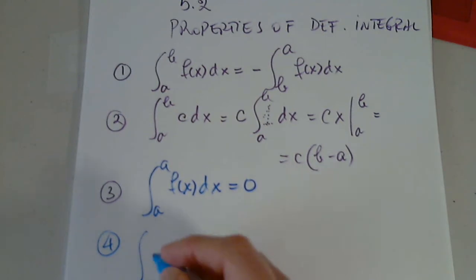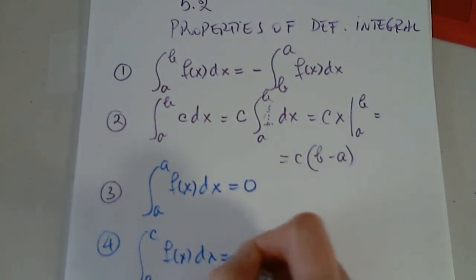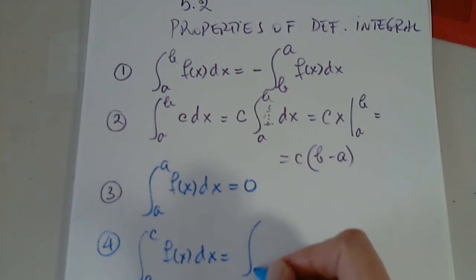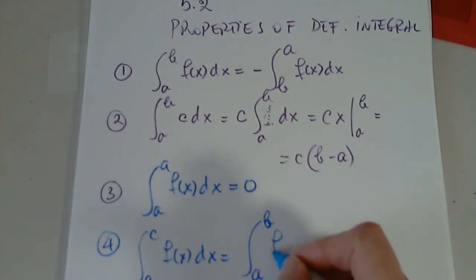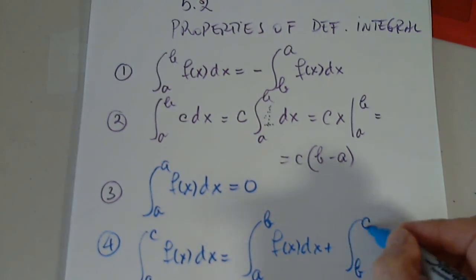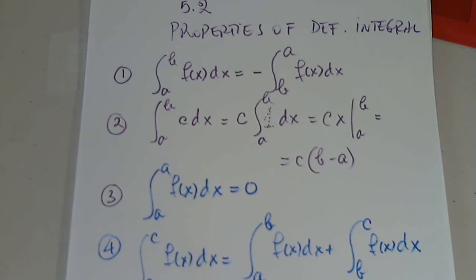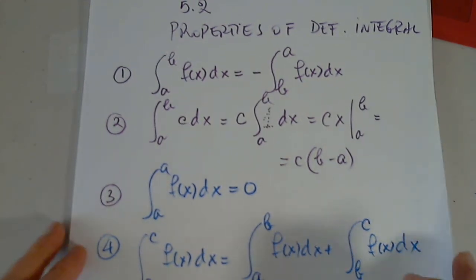The integral from a to c of f of x dx is the same as the integral from a to b of f of x dx plus the integral from b to c of f of x dx. How does this look and what does it mean?